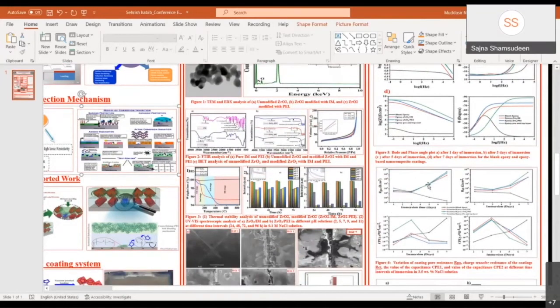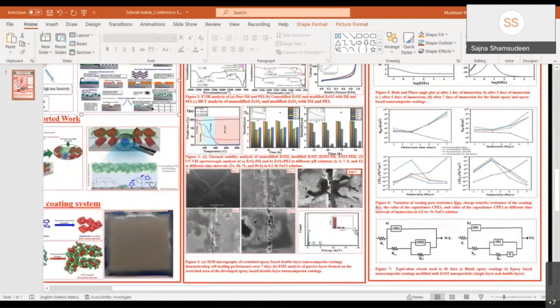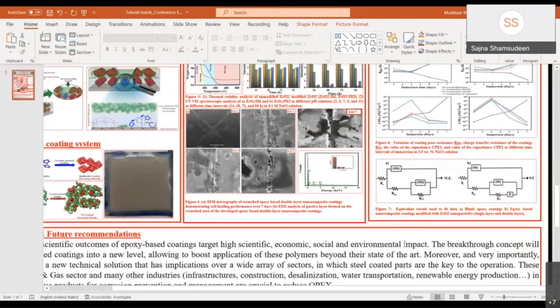The graph between the pore resistance and the charge transfer resistance also shows the same results, because for the epoxy coatings the resistance has been decreasing, and for the rest of the coatings the resistance has been increasing. These are the equivalent circuits which we use to fit the data for the coatings modified with epoxy and nanocomposite coatings.